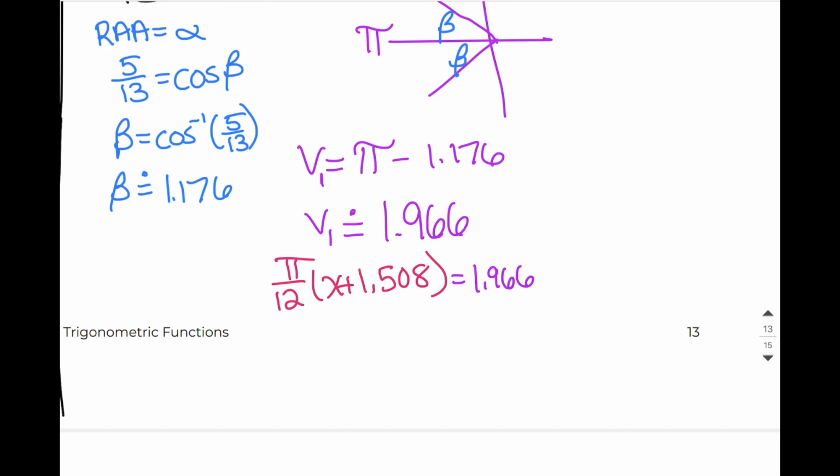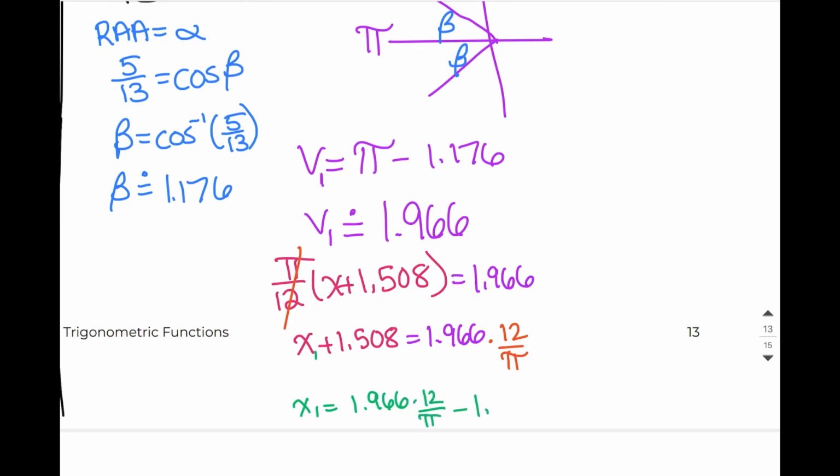So in order for me to solve for x, I'm going to multiply both sides by 12 over pi to get that 12 over pi to cancel out. Okay, and then I'm going to subtract this 1.508. So that means that my first x value right here is going to have to be 1.966 times 12 over pi minus this 1.508.